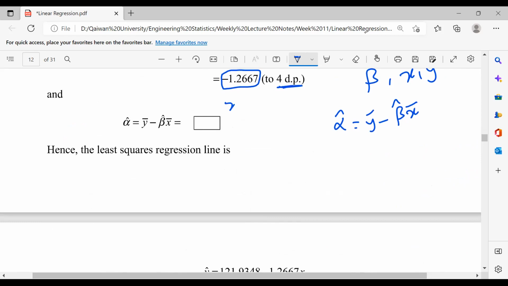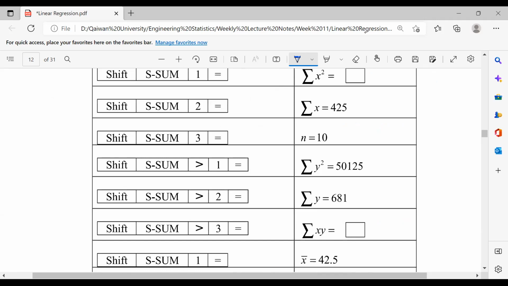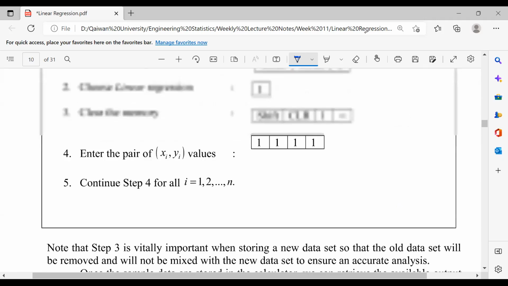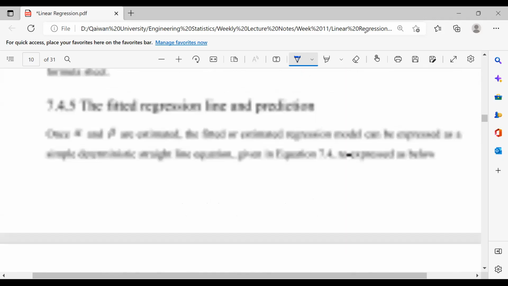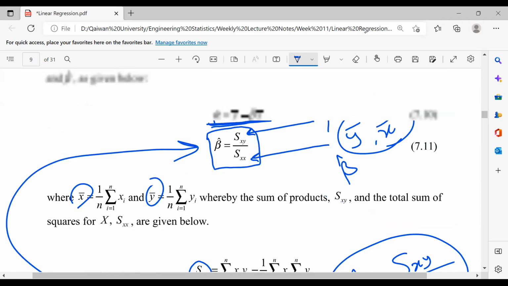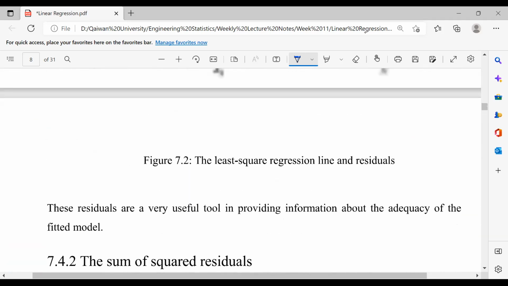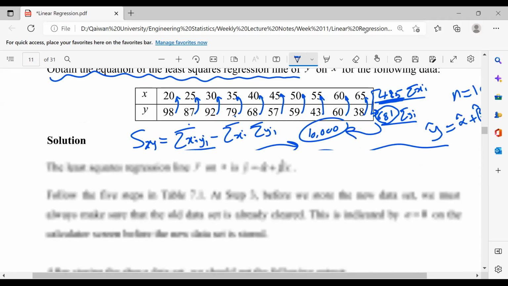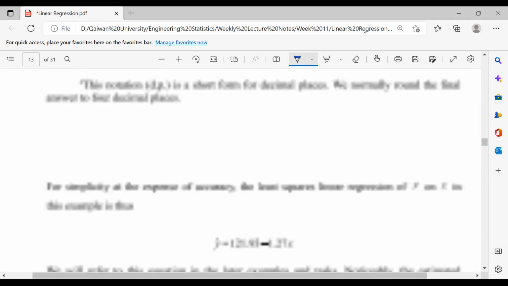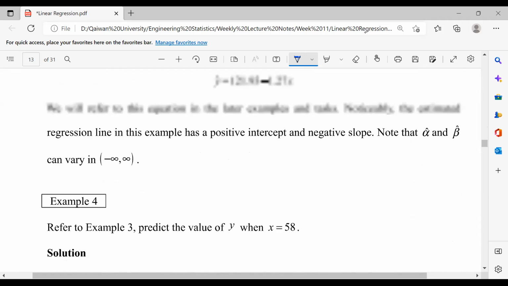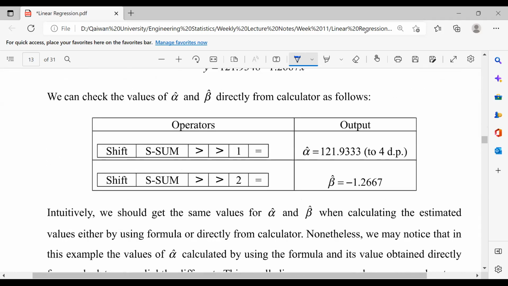X bar is 42.5. And y bar is 68, sorry, not 86. It's 681, so it's 68.1.